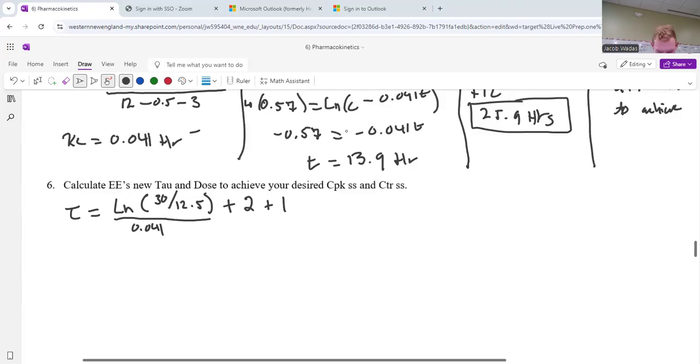All right, so for our tau, we can do the calculation. Greater than 1 gram is 2 hours. You base it off what the population was.